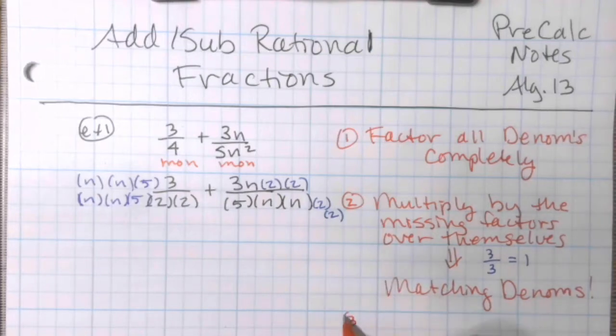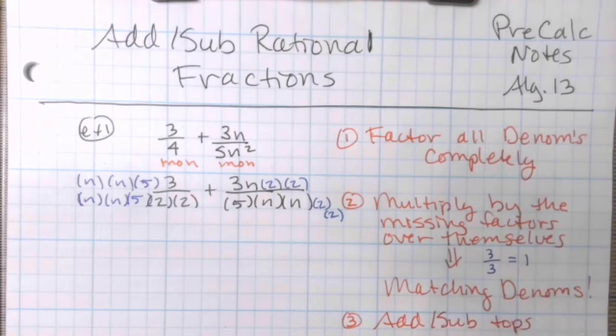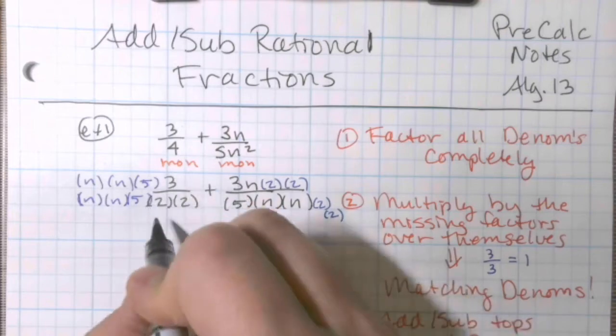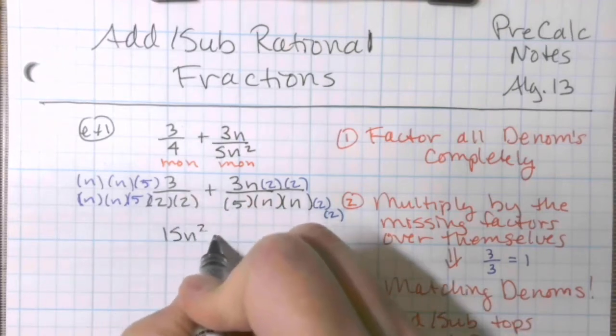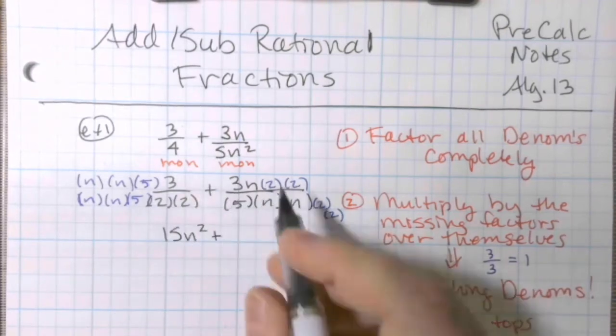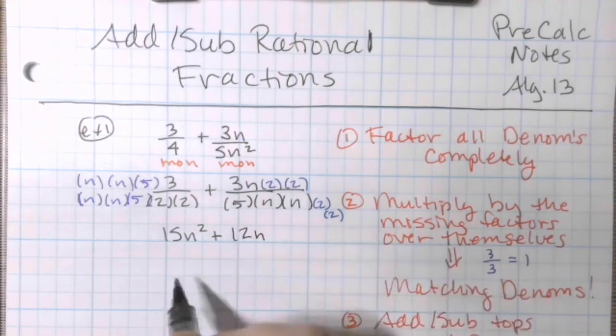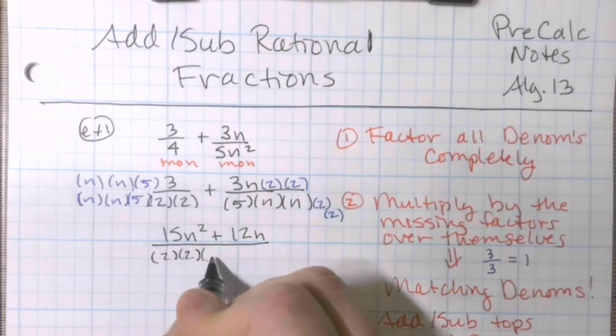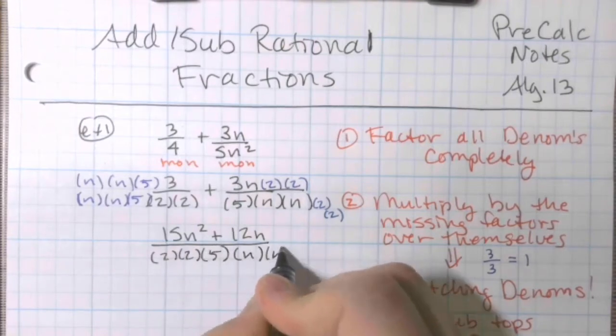The third step in adding rational fractions, now that you have a matching denominator, is to add or subtract the tops over one denominator. So multiplying this together, I have 15n squared plus 3 times 4 is 12, so 12n, those are the tops, over 1 bottom, which is 2 times 2 times 5 times n times n.